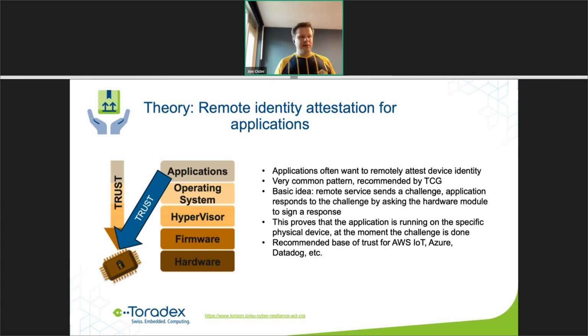Sometimes you see provisioning methods that piggyback one time off of a hardware root of trust, but then use it to store credentials that can then be reused later. It's generally the preferred architecture to actually have every authentication with the remote service be based on this hardware root of trust. And you will see this in the documentation for a number of connected services for IoT and things like this.